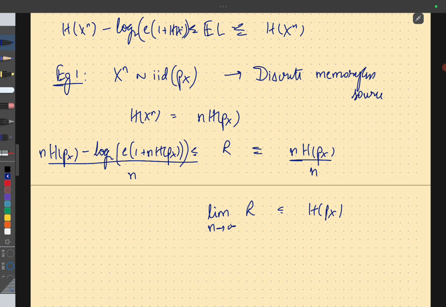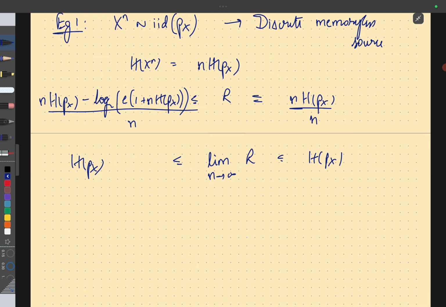What happens to the lower bound? That also converges to H(P_X), because I have H(P_X) plus some quantity that grows as log n, divided by n, and that goes to zero.